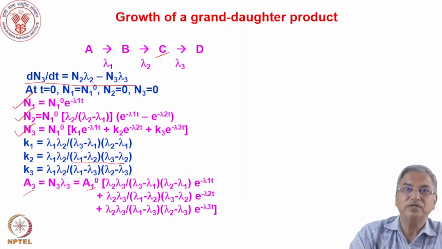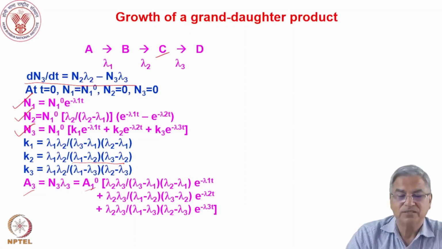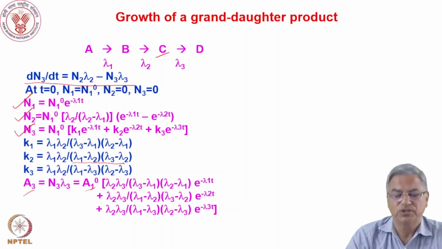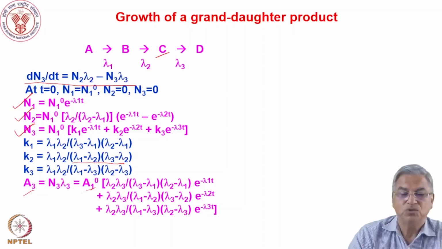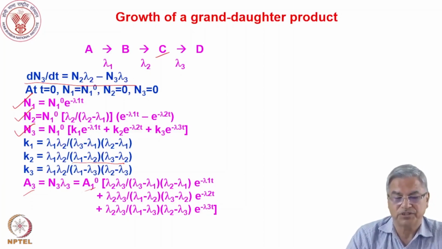And there are several cases where we produce the radioisotopes by two decay processes. That will come in the discussion subsequently.